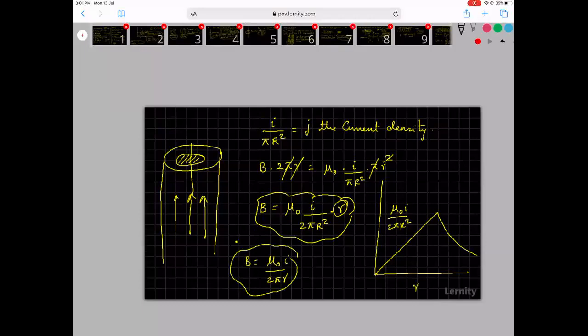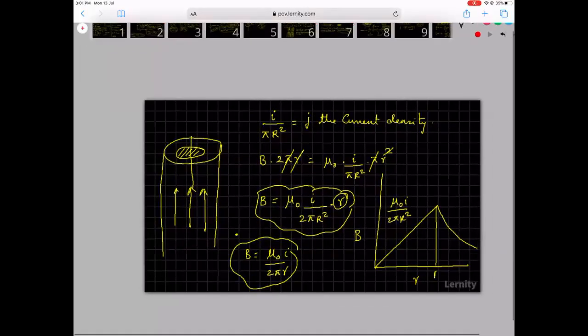So this is r, this is B. Initially it increases, this is capital R, then it decreases. I hope you remember having seen this kind of diagram.